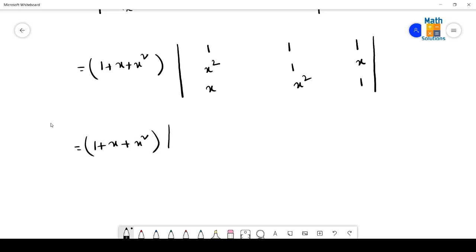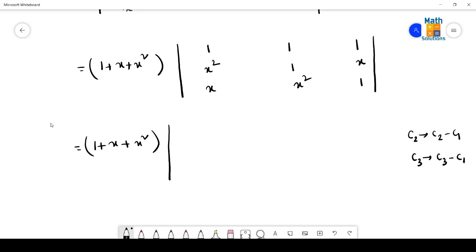Here in this case, let us try to make changes like this. R2 replaced by R2 minus R1. Sorry, we have to proceed column wise. So this is not R2, R we cannot write here. Instead we have to put like this: C2 replaced by C2 minus C1, then C3 replaced by C3 minus C1.